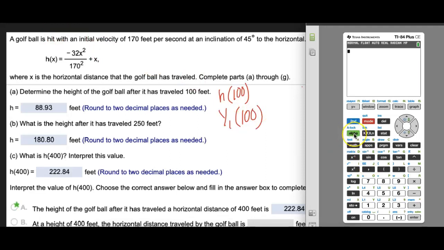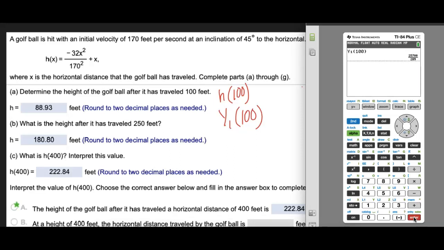Now the shortcut key to get to the y variables is alpha trace, and I just press enter to select this first one, and then in parentheses I'll type 100, and when I press enter, now here I am getting the fraction form.